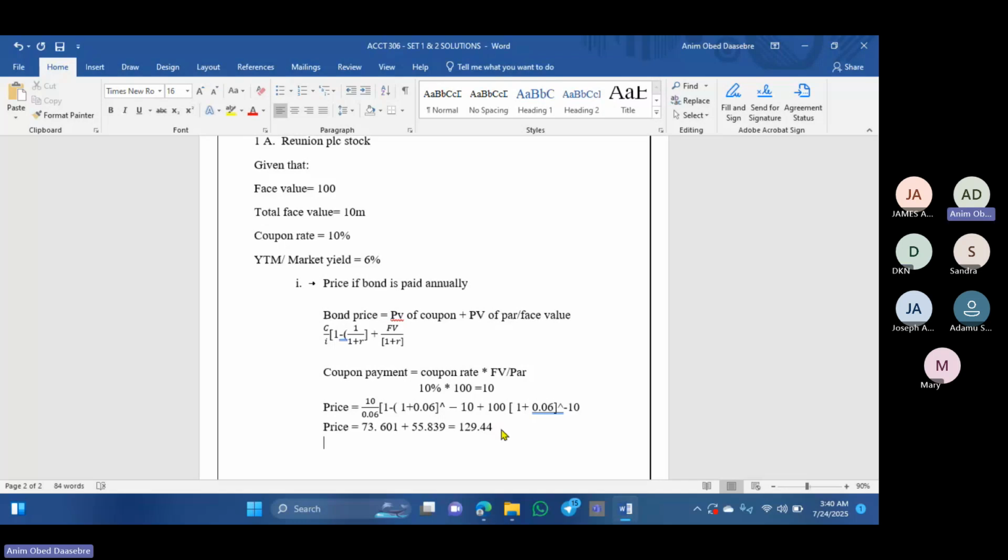So the price if coupon is paid semi-annually.